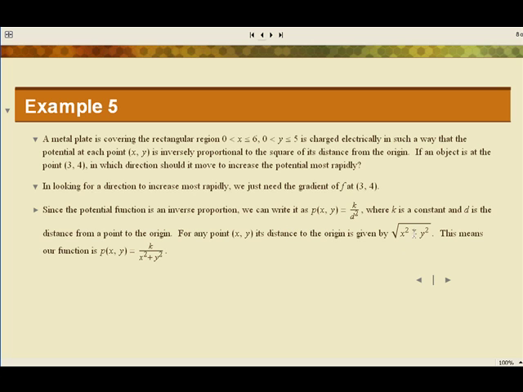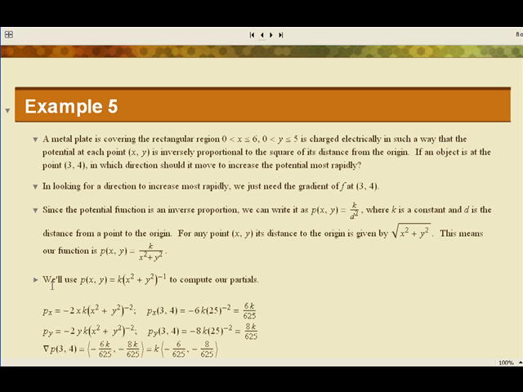That's my basic distance formula. When I plug in that square root to this square, the square root goes away, and I get P equals k over x squared plus y squared. So there's the function that I want to use when computing the gradient.